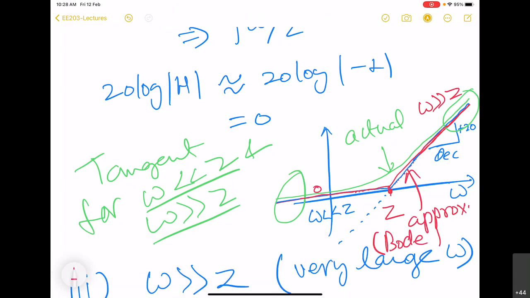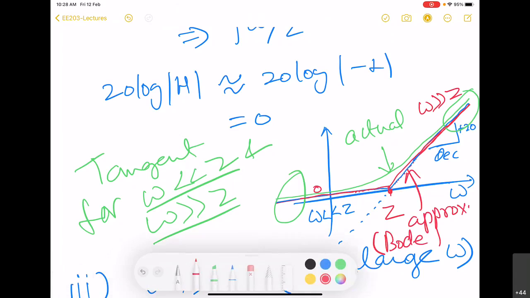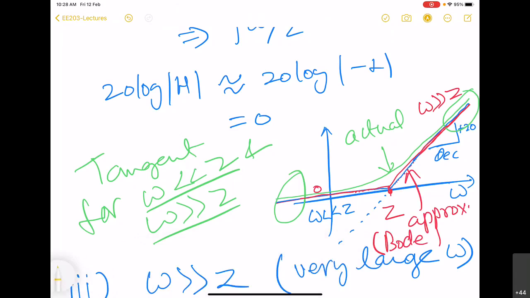So there will be a small amount of error in this region near the 0. So the maximum error occurs here. But nevertheless, we are able to predict the trend or the nature of this transfer function quite well.